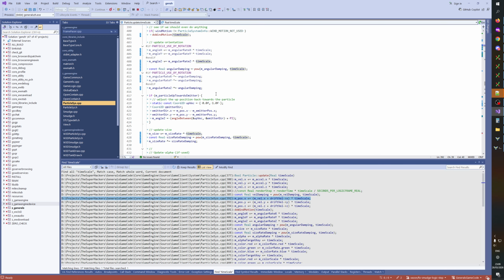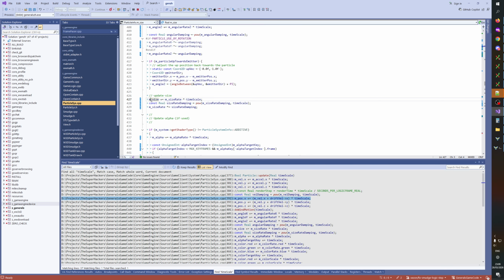Position. Let's look at the scale again. Size. Size rate.